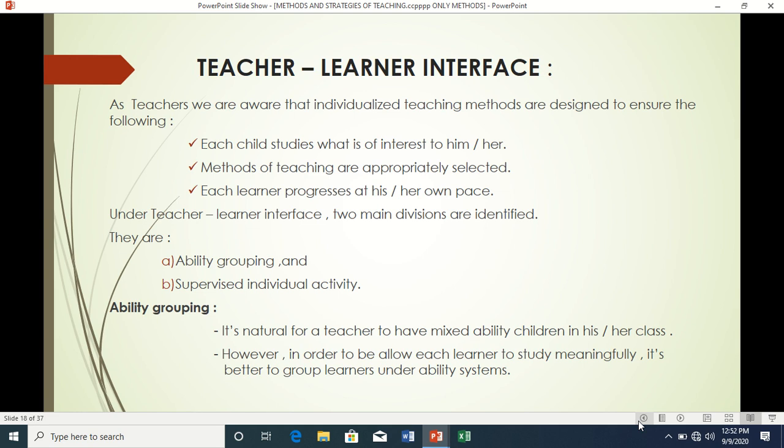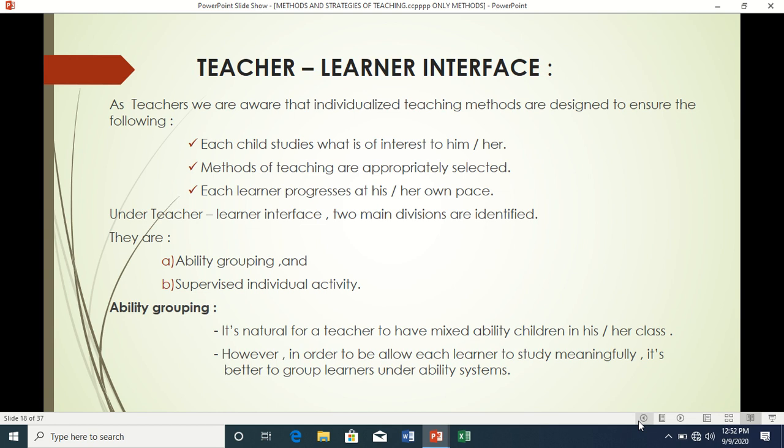We are aware as teachers that individualized teaching methods are designed to ensure the following. Anytime you are picking an individualized methodology, you as a teacher want to make sure that the learners who are before you do what is of interest to them. Each child, don't forget, studies what is of interest to him or her.